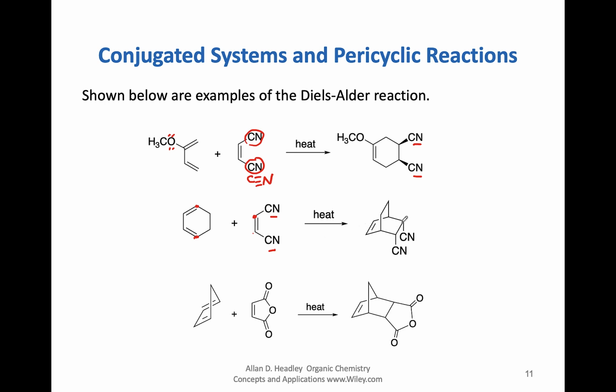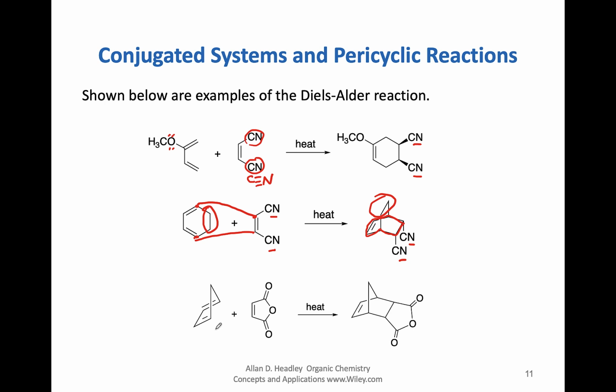So this will now become our six-membered ring right here. Hope you can see that, because this is the bond that's formed right here and right here, and this is our bridge right here. Again, notice the CN are on the same side, so that's why we put the CNs down on the same side.